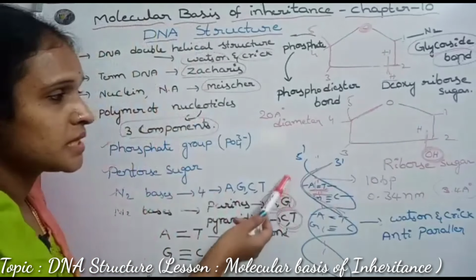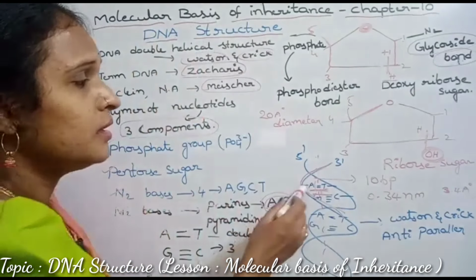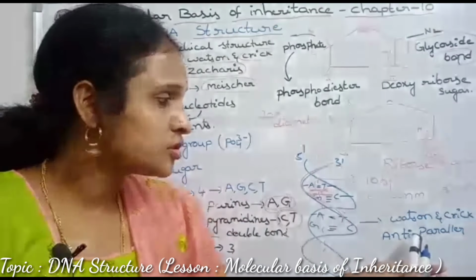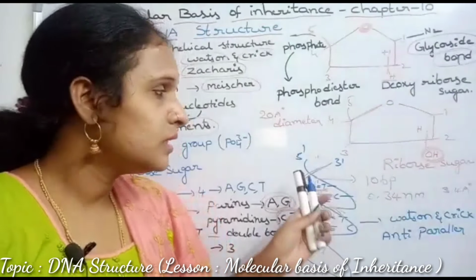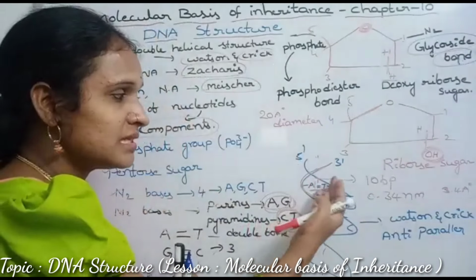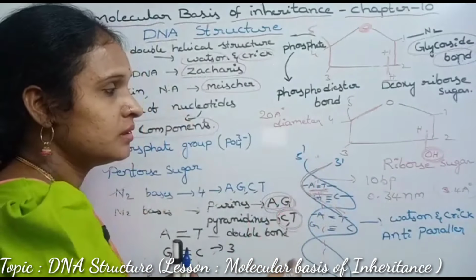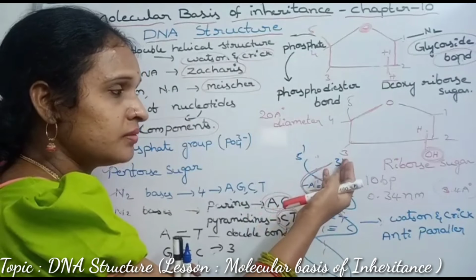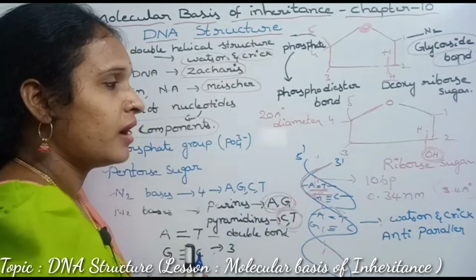And next, structure of the DNA. DNA is a double helical structure proposed by Watson and Crick. These two strands are anti-parallel. Anti-parallel means parallel strands but opposite. One starts with 5' and ends with 3', the other starts with 3' and ends with 5'.